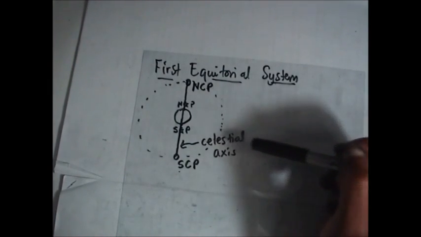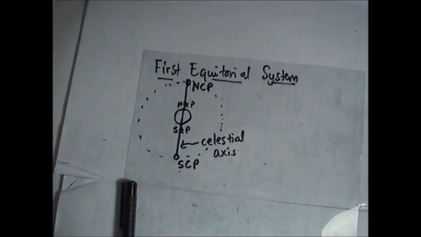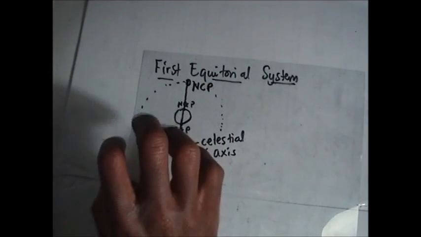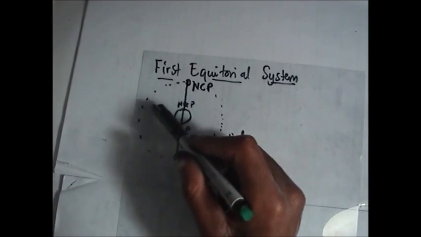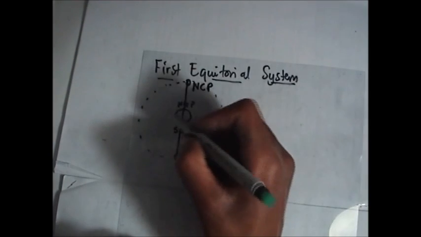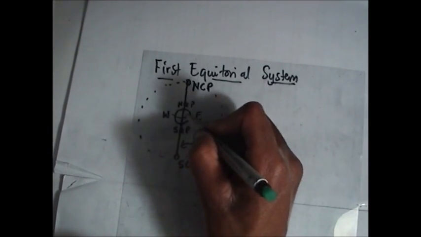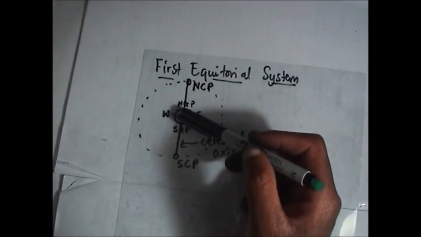So let's start there. Can you see that the Earth rotates about the terrestrial axis? It rotates from west to east, isn't it? That's what we know. It rotates from west to east like this, the Earth, about this axis.